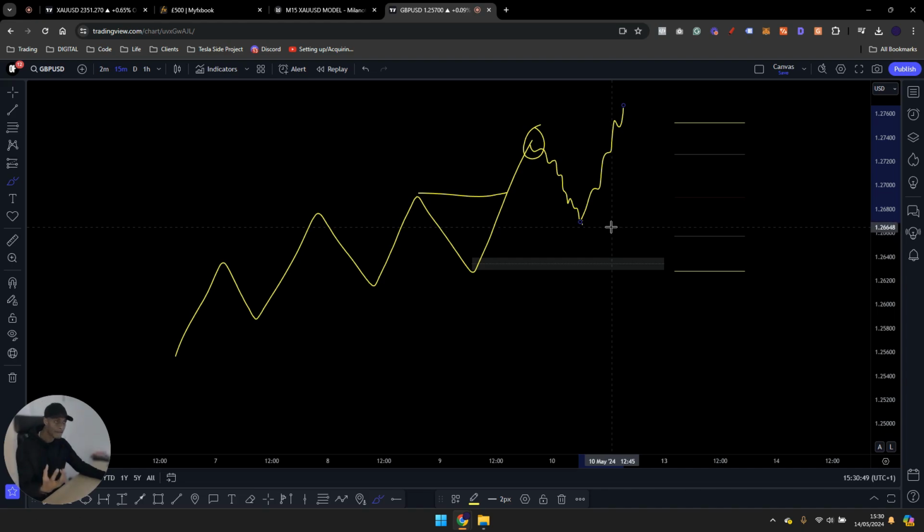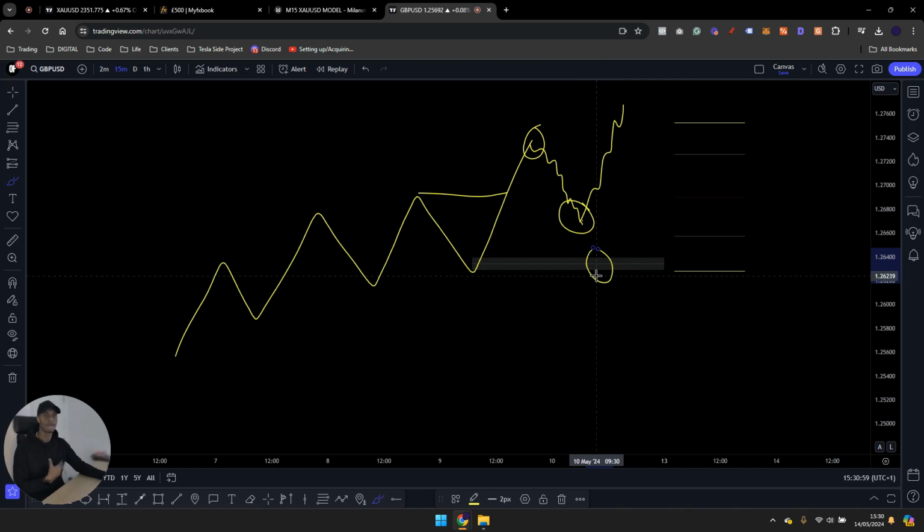So we need a plan for that. We need a plan that defines the shift in structure, and then we can execute our strategy on top of that. We need a plan for when it hits our point of interest, okay, which most people have. This is like the basic stuff, right? But there's 3 points of interest here that we need a plan for in order to execute our strategy.